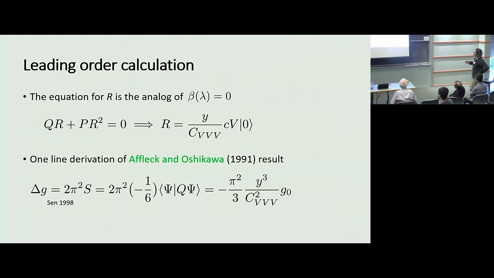To solve that equation is simple because the star product gives you the structure constants C, and Q gives you the y, so you read off immediately that R is equal to this multiple of cV. And now the one-line derivation of the Affleck-Ludwig result is that you get delta g is 2 pi squared times S. This is Sen, and then you have 1/2 minus 1/2 plus 1/3 from Witten, and then you plug this in and you get this result.